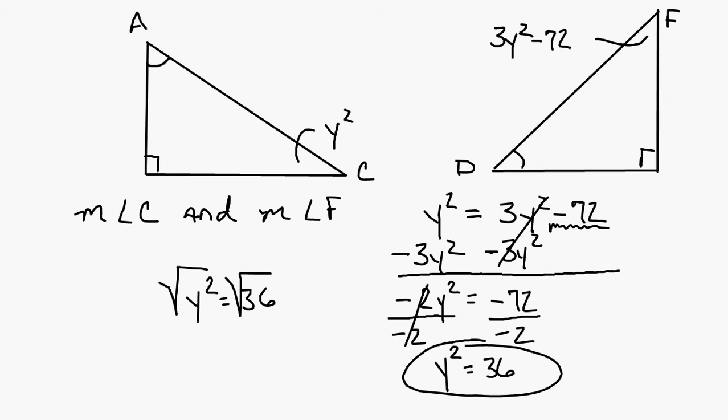All right, because the square root of y squared is equal to y, and the square root of 36 is equal to 6. So y equals 6. So if angle C was equal to y squared, you already knew that y squared was equal to 36. So angle C is equal to 36 degrees. So what's the measure of angle F? 36 degrees. Very good.